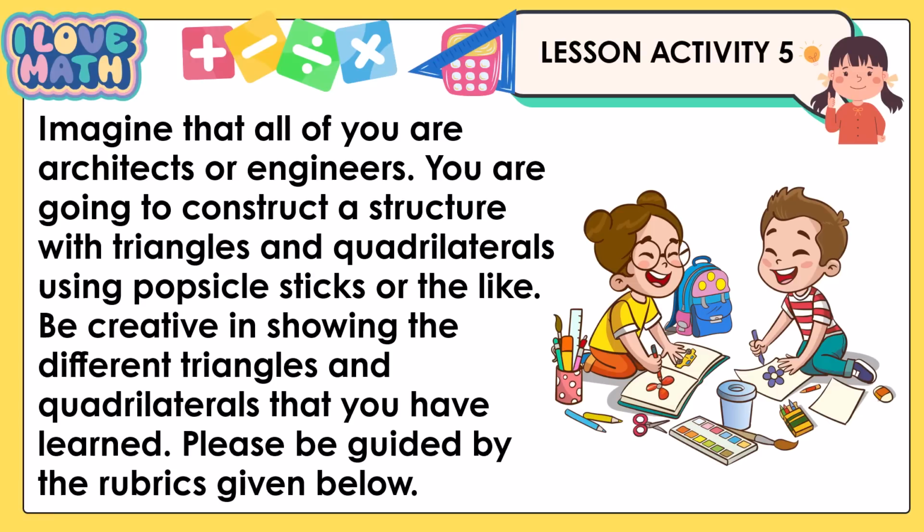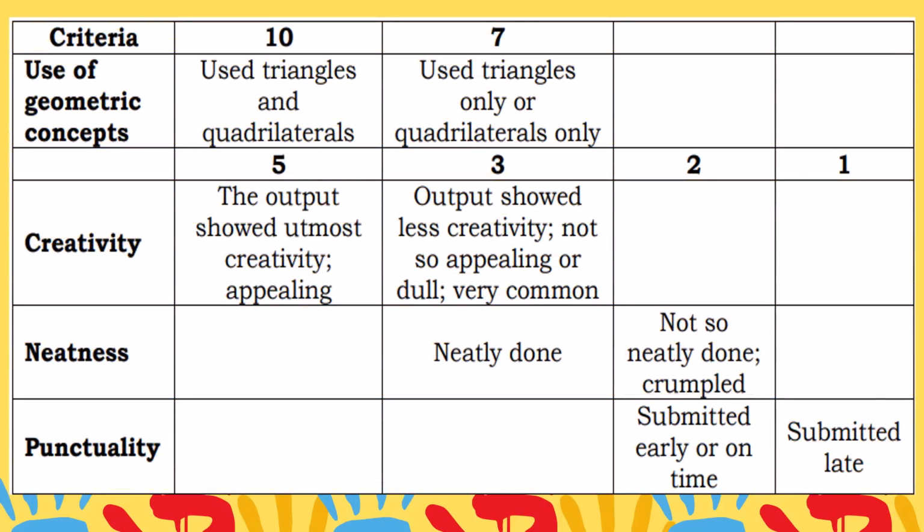Be creative in showing the different triangles and quadrilaterals that you have learned. Please be guided by the rubrics given below. And here's the criteria. First, use of geometric concepts. Second, creativity. Third, neatness. Fourth, punctuality.